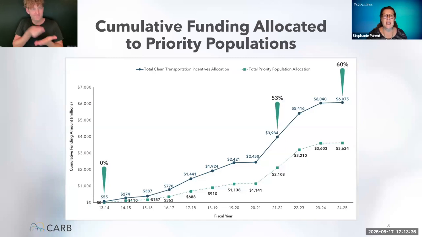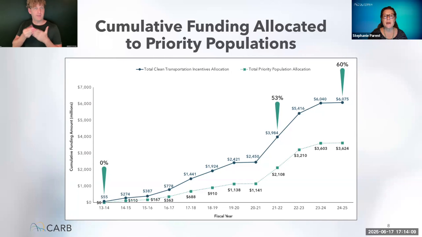So over the past decade, funds allocated to the variety of incentive projects in our portfolio that have benefited priority populations have increased overall, as you can see from the graph on this slide. Earlier projects, such as the Clean Vehicle Rebate Project and Clean Truck and Bus Voucher Incentive Project, which is also known as HVIP, focused on getting zero-emission vehicles and equipment into the mainstream.